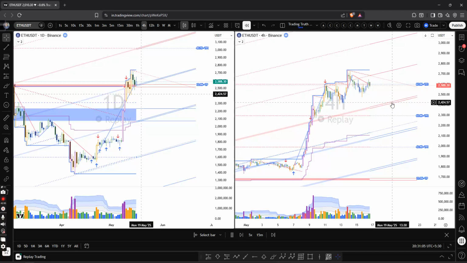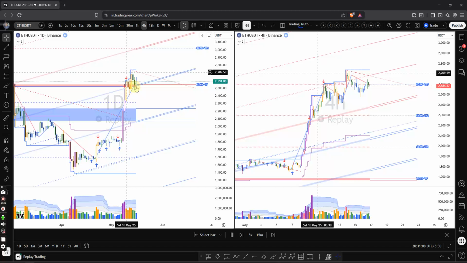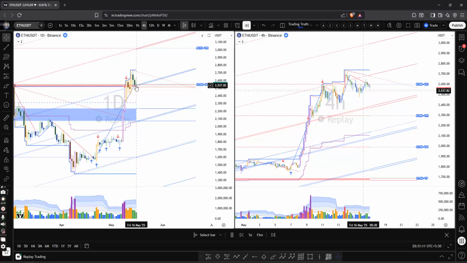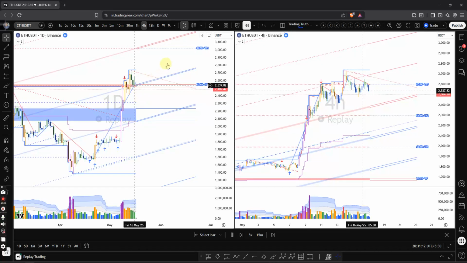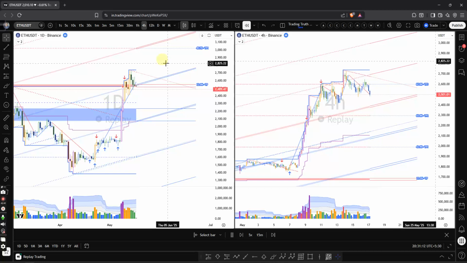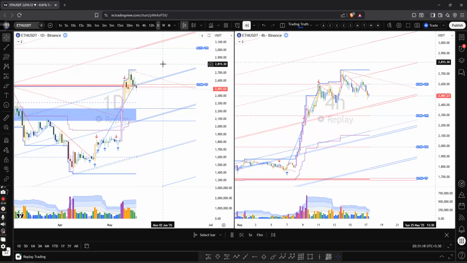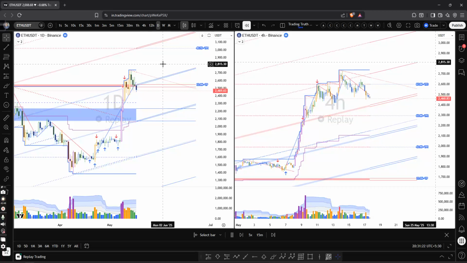The market comes down there. Looks like it's taking support right from here. So we'll see what happens. Market is not going up. Yeah, it's gonna retrace to that point for sure.